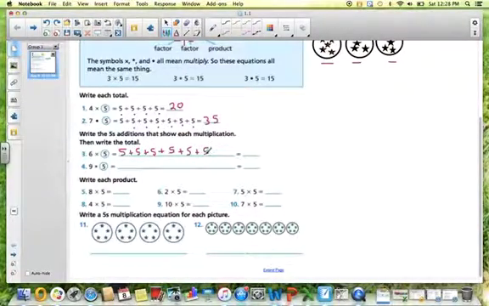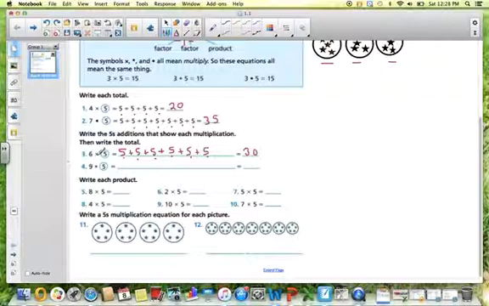I should see all of this work in your student activity book because I will check them. So we have 6 5's. Now let's count by 5's. 5, 10, 15, 20, 25, 30. So 6 times 5 equals 30.